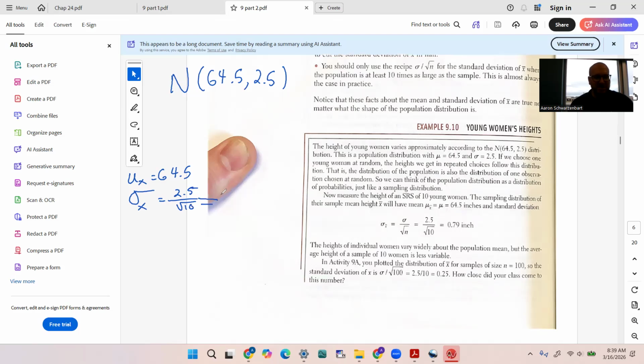The standard deviation, though, I now have to divide the standard deviation of the individuals by the square root of the sample size, giving me a standard deviation of my means of 10 young women of 0.79 inches, which ultimately means that as I take these averages, it narrows.